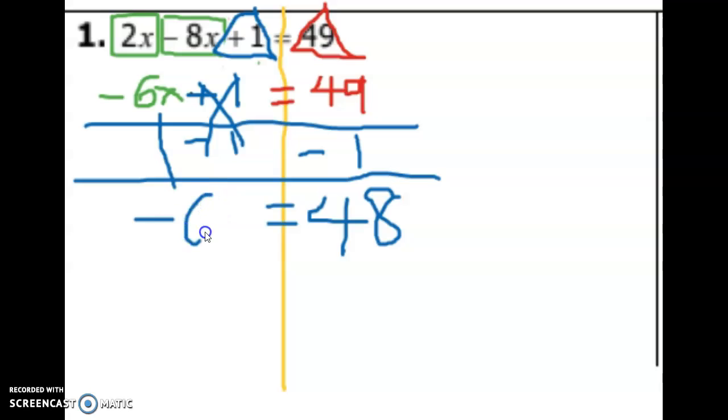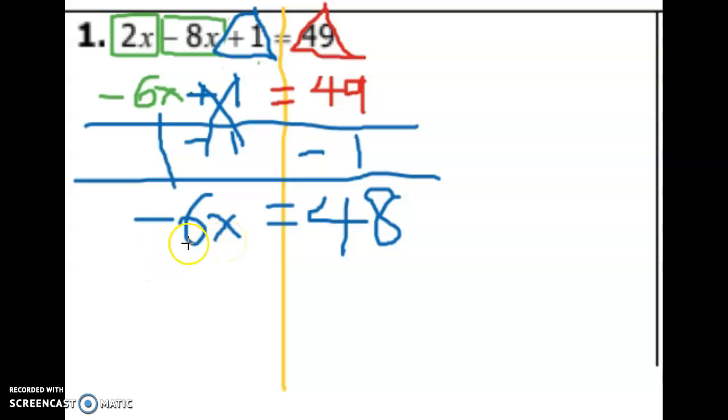Negative 6x. All right. The next step is, cuando tú ves un número al lado de un variable que no tiene ningún símbolo adentro, eso quiere decir que este número está multiplicado por este variable.